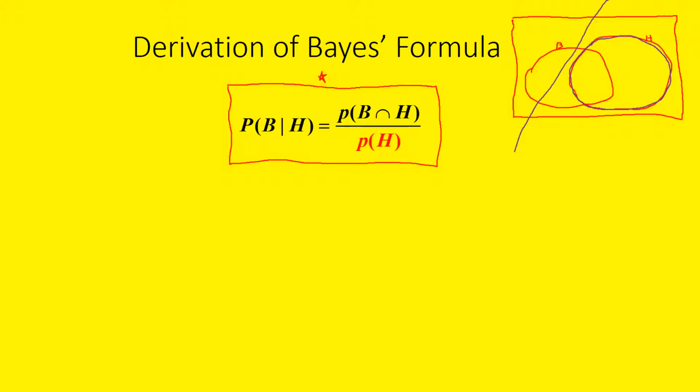Now if you think about it, since we're given H and we have to be in that purple circle, what's the probability in that case? What is the probability of B? What's the probability of balding among all those heart attack guys? Well, probability B in H, the numerator, that happens of course in the middle where there's overlap.